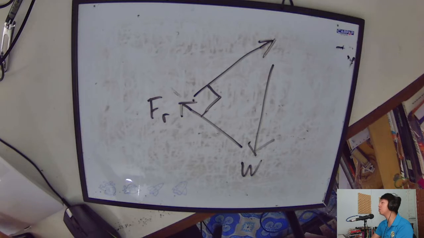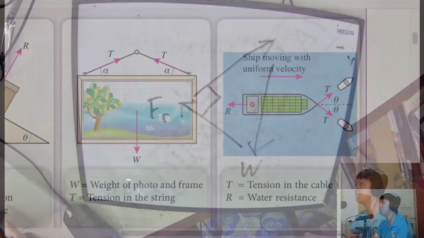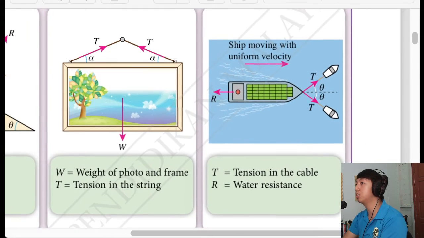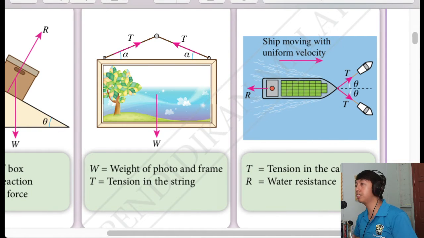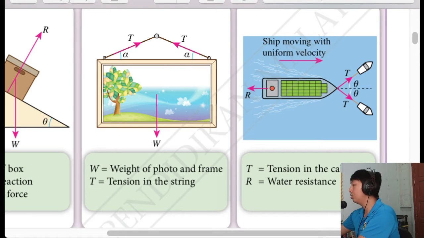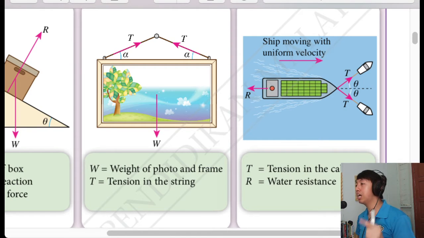What might be a little bit more interesting is a situation like question number 2 here. For example number 2, we have two sides labelled T, which means they're equal, and a W pointing down.